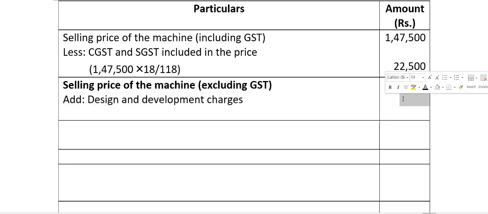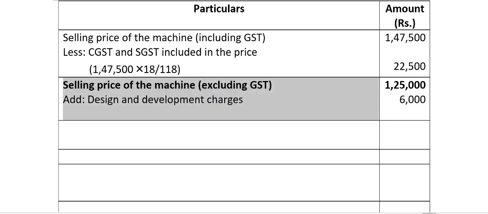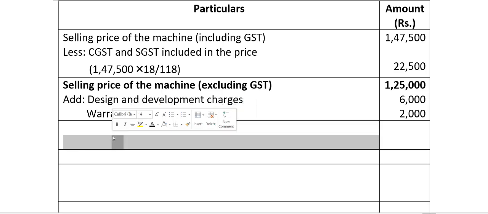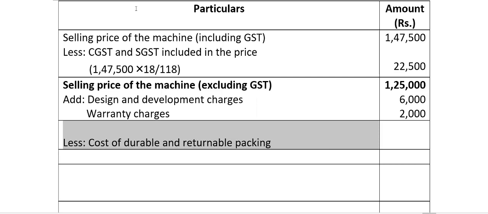Next, we have to take some additions. Design and development charges. What is the charge? 6,000. There is one more, that is warranty charges. What is the charge? Yes, 2,000. So when we add this, the amount will be 1,33,000.